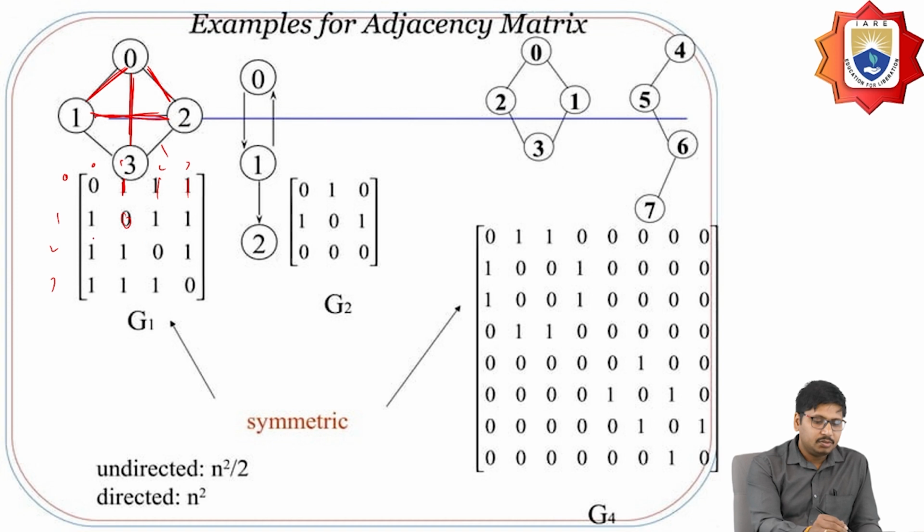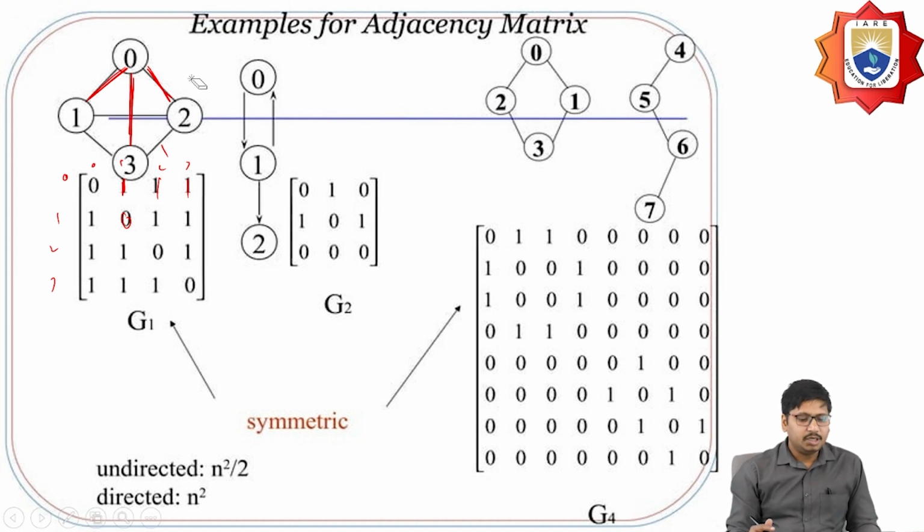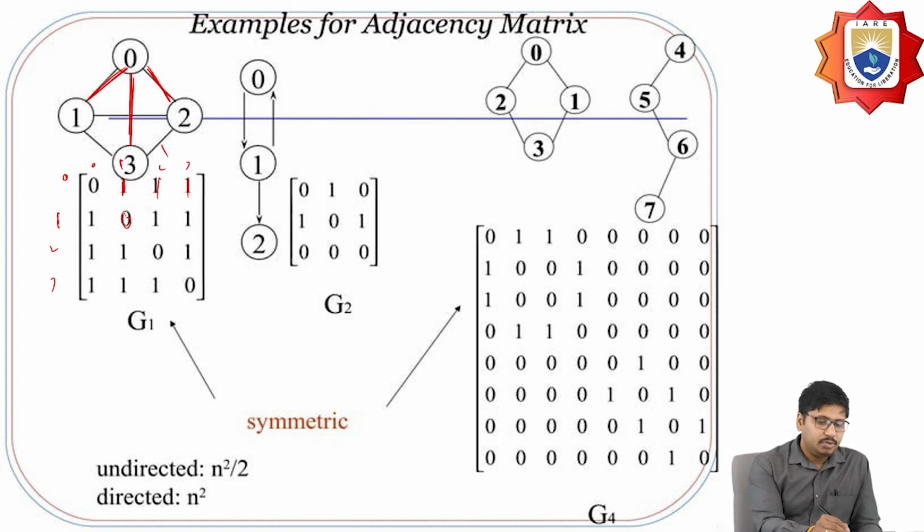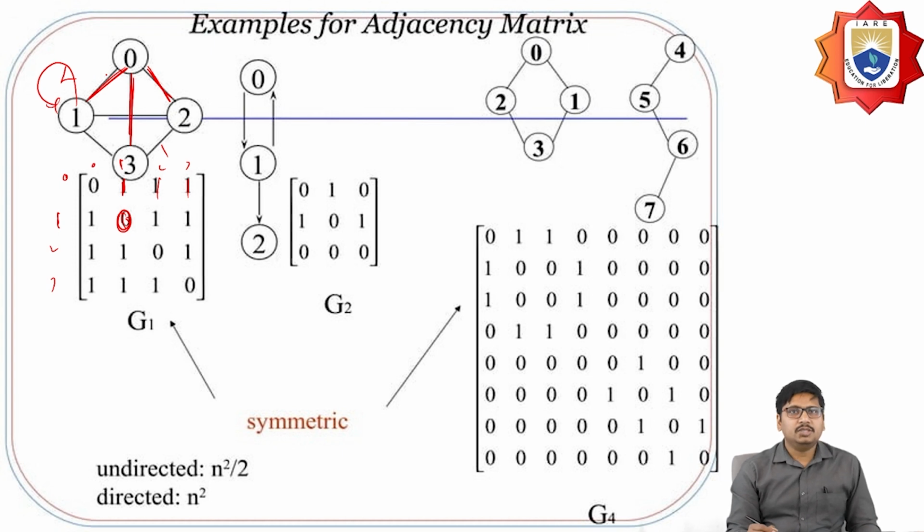Otherwise, I have to represent 0. There is no edge from 1 to 3 or 1 to 2, so I represent those as 0. From 1 to 1 there is no edge, so that's also 0.